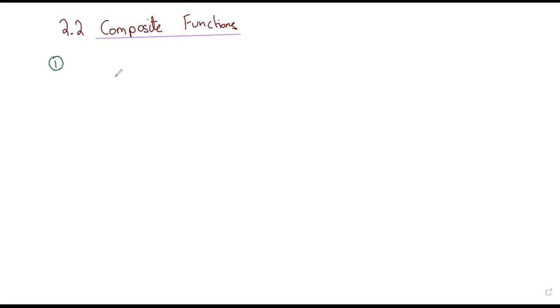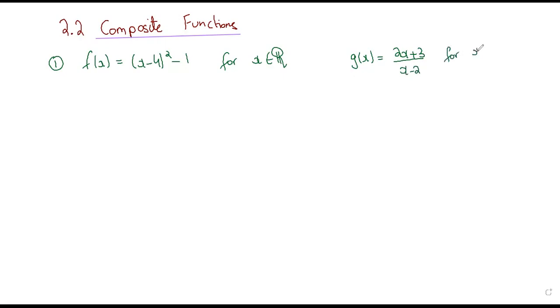So example number 1 says that f of x is (x minus 4) whole squared minus 1 for x belonging to real numbers, and g of x is (2x plus 3) divided by (x minus 2) for x belonging to real numbers, and here x is greater than 2.